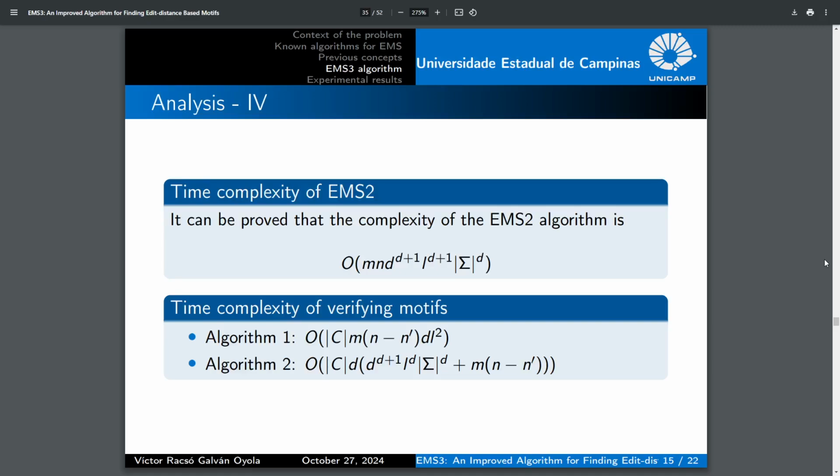Then the time complexity for verifying motifs depends on the size of the candidate set, and also on the other parameters. Notice that the first one has some L squared, which is roughly the dynamic programming part, and algorithm 2 doesn't have it because it uses hash tables to check the existence of these strings.